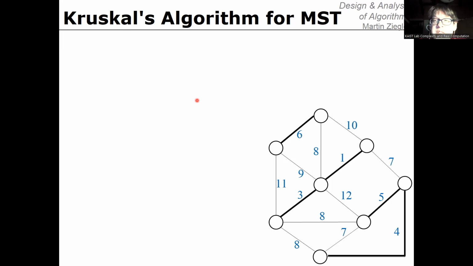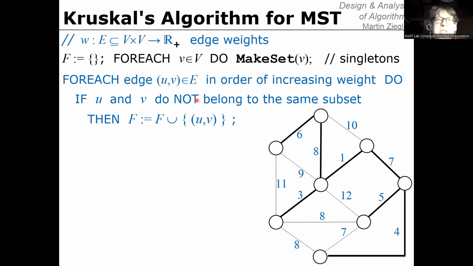So here you see an example run, but we already had that last time. And here you see the pseudocode. And in the pseudocode, you see the underlying data type, namely a disjoint set data type. A data type that maintains a collection of disjoint trees.